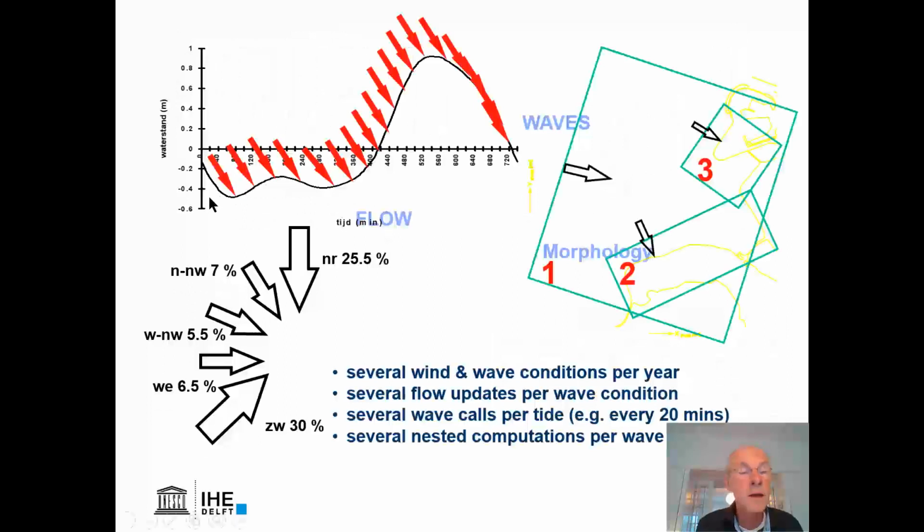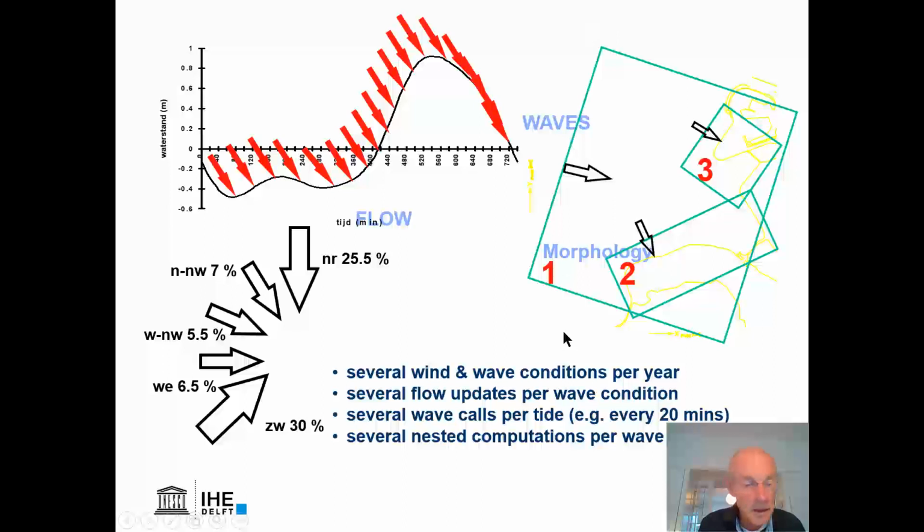Because we have to do several wave simulations over a tidal cycle to correctly represent the wave current interaction. And then we have to do that over a number of wave conditions. And then possibly also for a number of nested computations per wave condition.